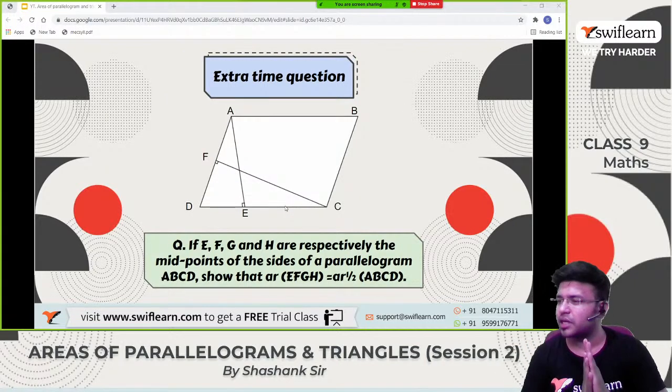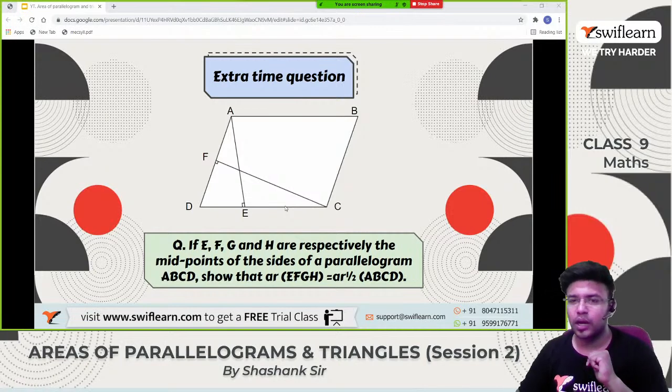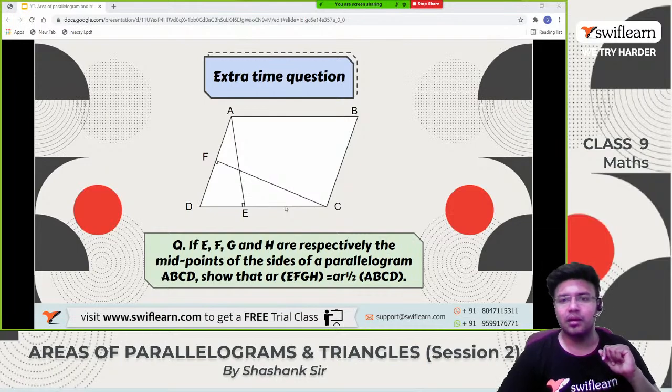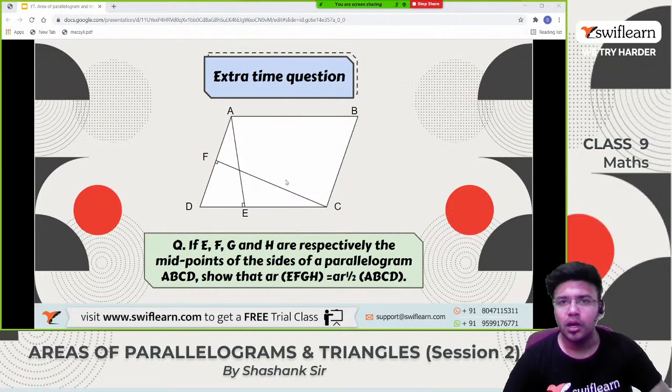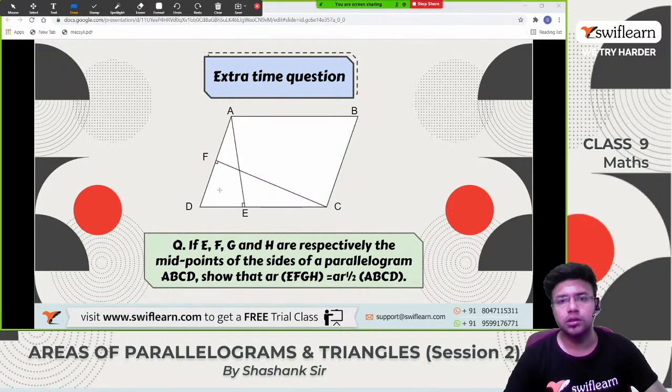Now, there is time left, so let us discuss some homework questions. If E, F, G, H respectively are midpoints of the sides of parallelogram ABCD, show that EFGH is half the area of the parallelogram. Now see here how to do this. Let me draw the figure properly, as the figure is not properly drawn.